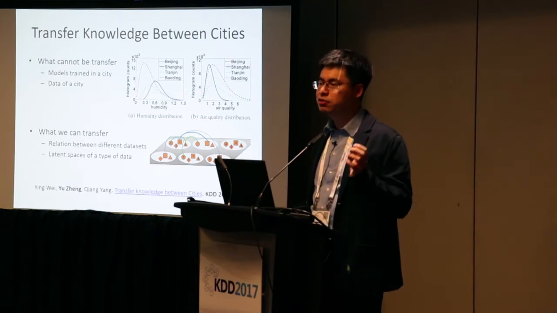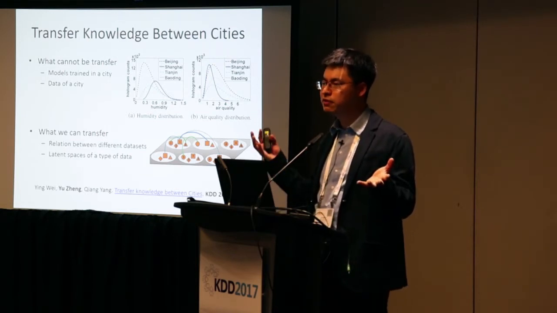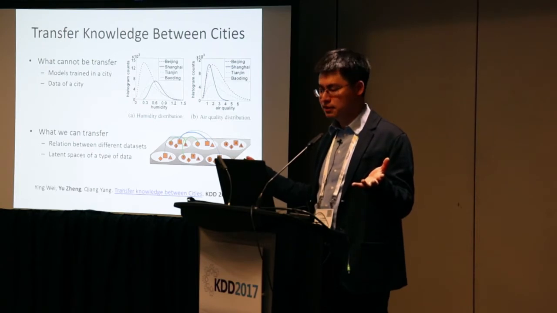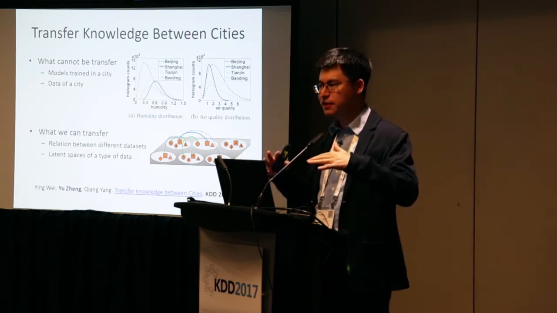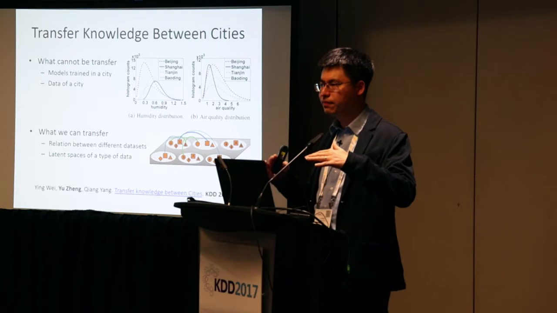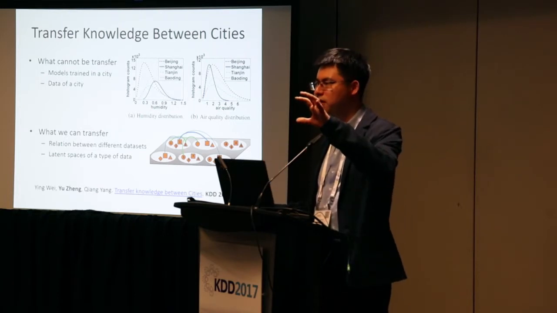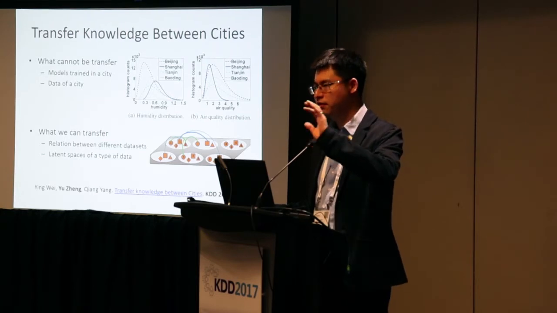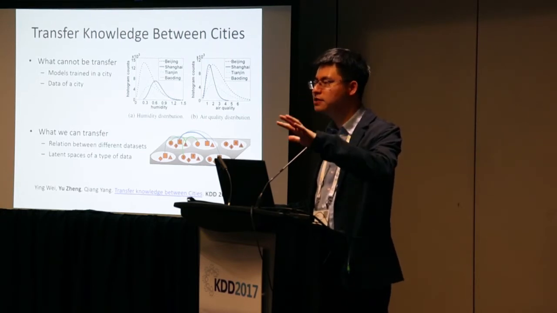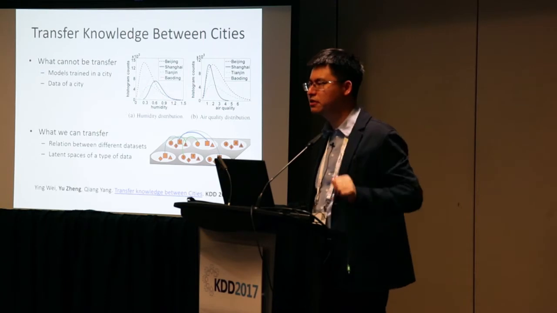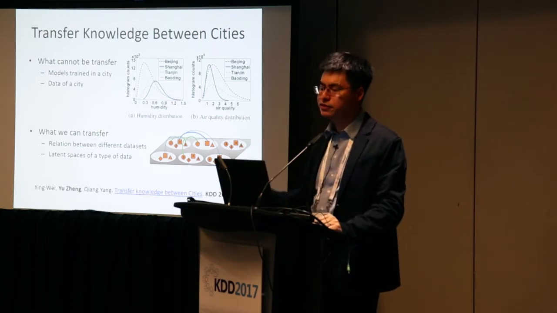For example, traffic data of Beijing is very different from Wuhan, but if we transform them into a latent space, we might observe that in the morning rush hour, and evening rush hour, they get congested, but during other times of day, it's very fast. So in the latent space, they share a similar representation. They can be used together.